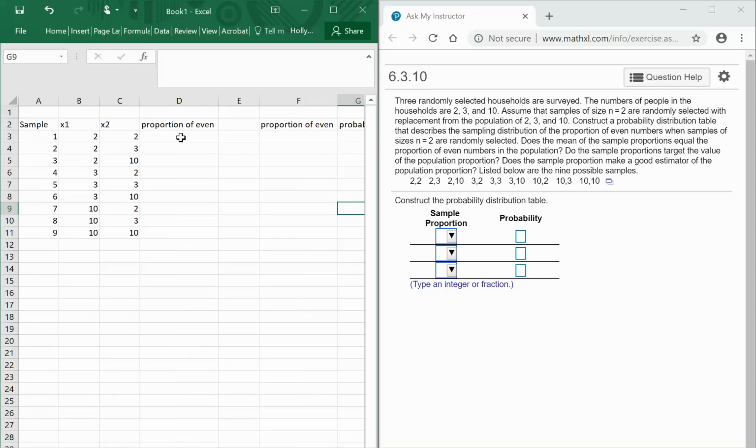All right, so now I'm going to look for the proportion of even numbers in each sample. 2, 2, they're both even, so the proportion of even numbers is 1. 2, 3 is my next sample, and the proportion of even numbers there is 0.5.